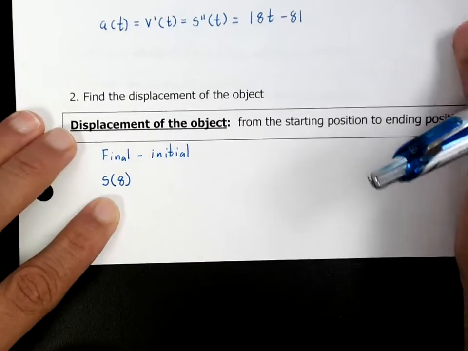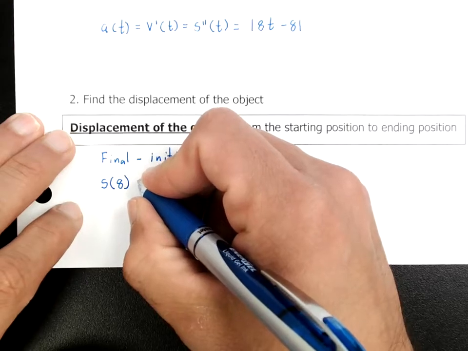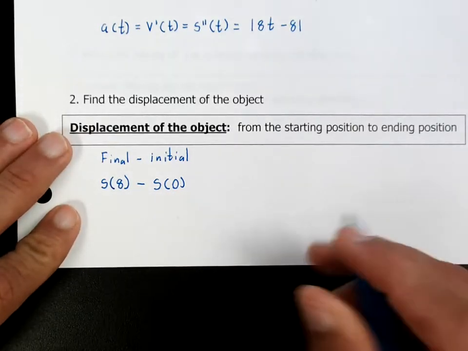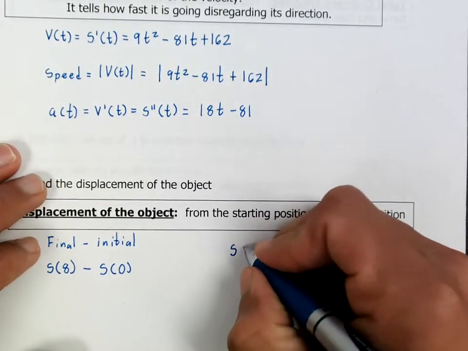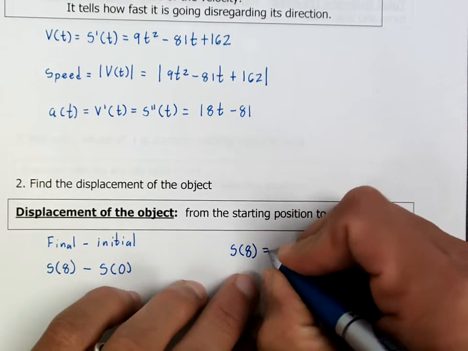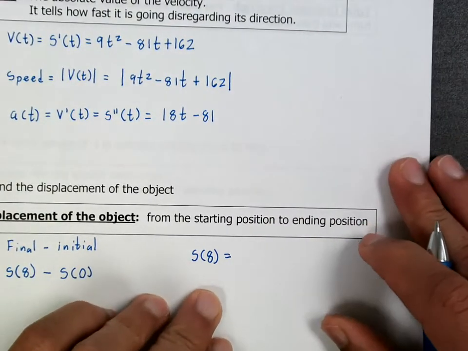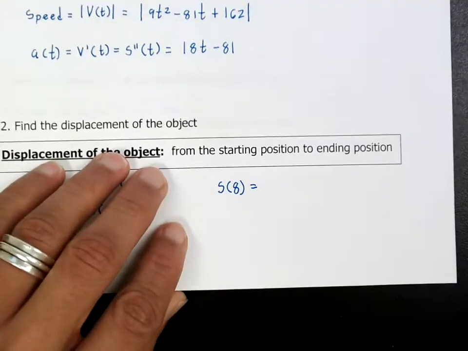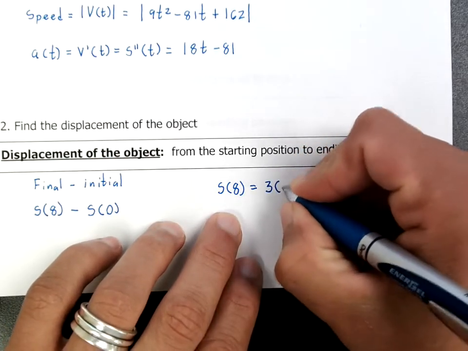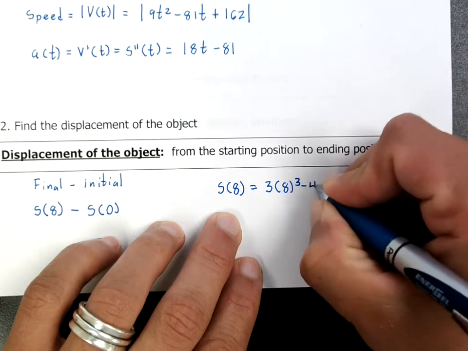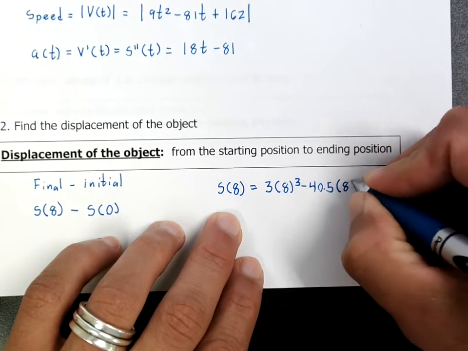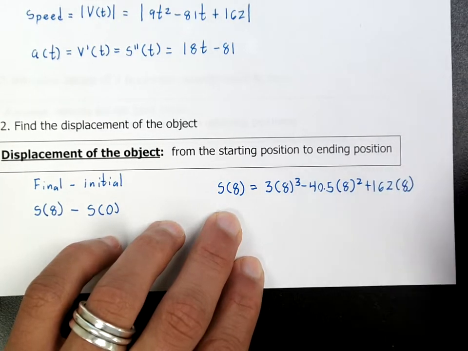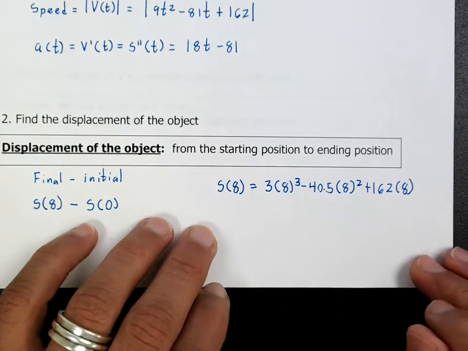So if I have s of 8 minus s of 0, notice that I'm using 0 because that's the initial time. Now, to get s of 8, the position at t equal to 8, I have to go back to the original function and plug in an 8 here, here, and here. So I would have 3 times 8 to the third power minus 40.5 times 8 to the second power plus 162 times 8.